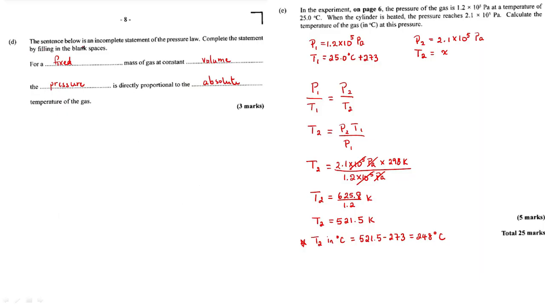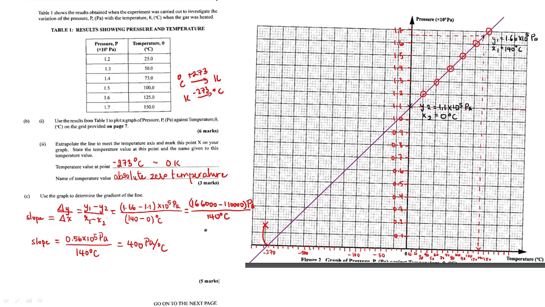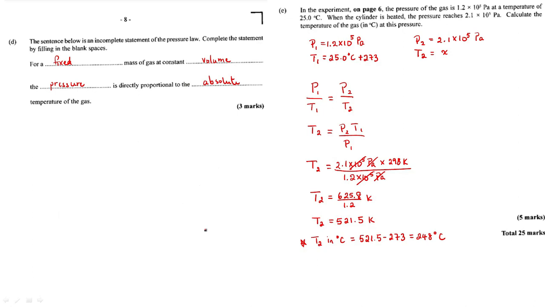Anyway, the sentence below is an incomplete statement of the pressure law. Complete the statement by filling in the blank spaces. For a fixed mass of gas at constant volume, the pressure is directly proportional to the absolute temperature of the gas. Okay. Then in part E, after they tell you to divide pressure by temperature in degrees Celsius, they went on to ask you to do the same thing here.